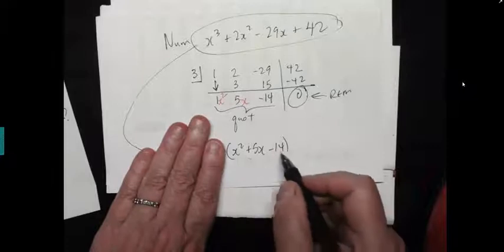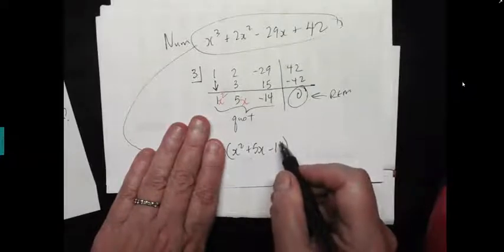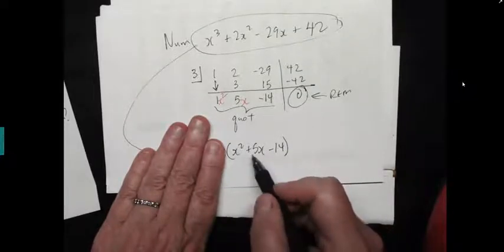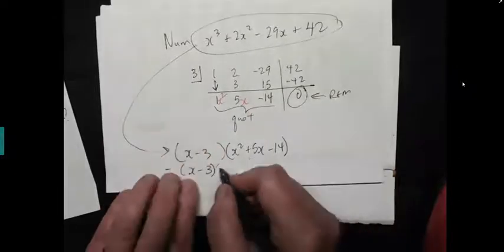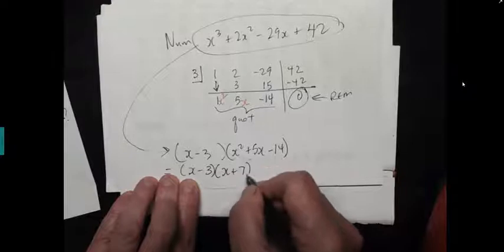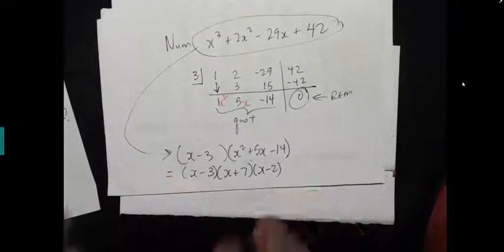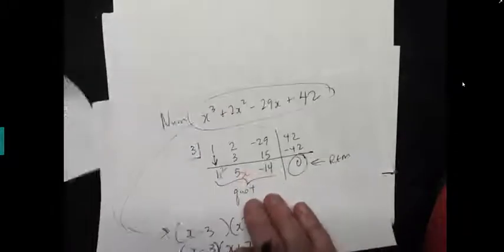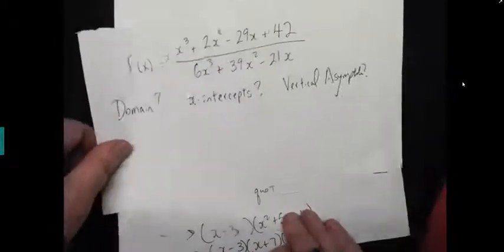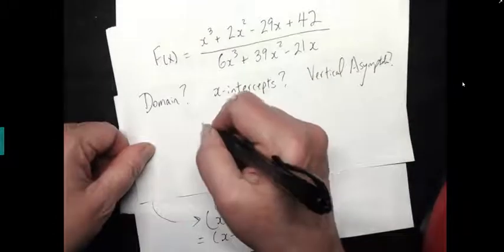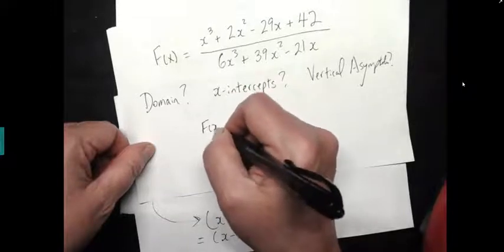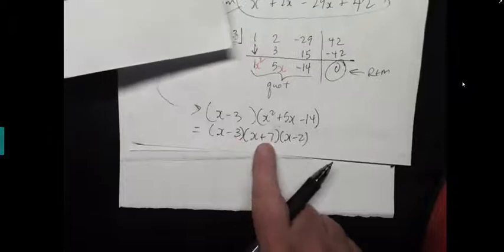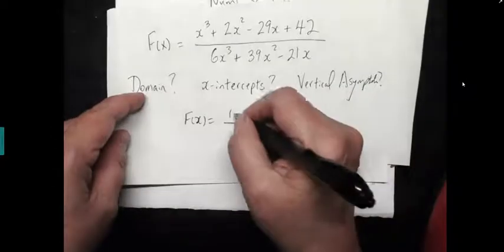It starts with x squared, two numbers that multiply together to give me negative 14 but add up to give me positive 5. So positive 7 and negative 2. So I'm on my way to getting my factored form of f of x. The numerator is x minus 3 times x plus 7 times x minus 2.